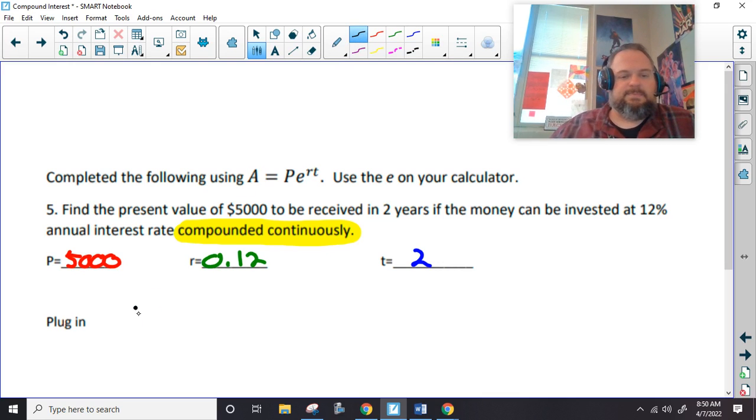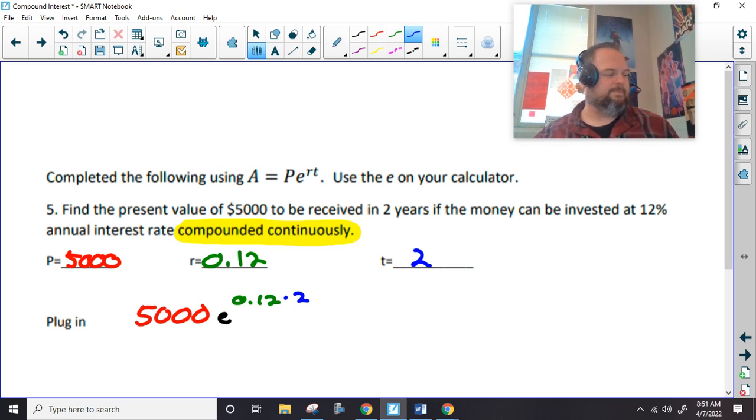Now, 5,000, that needs to be red. I was getting ahead of myself. All right, and this is going to be 0.12 times 2.